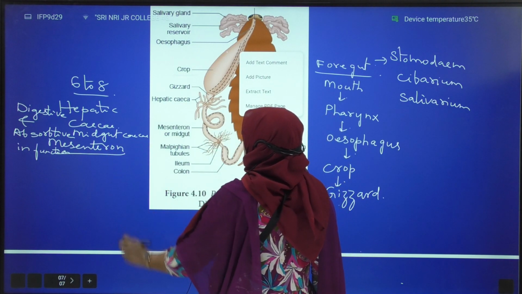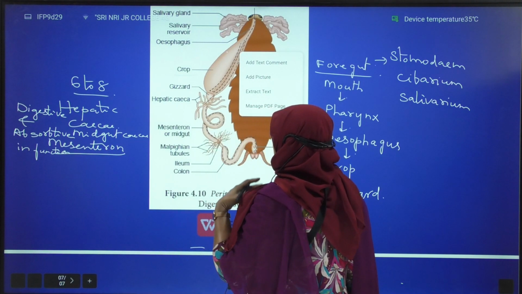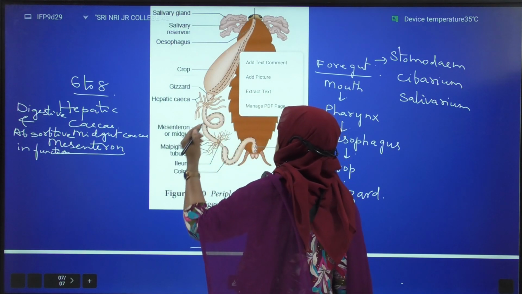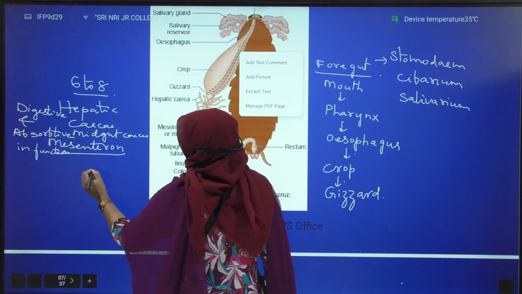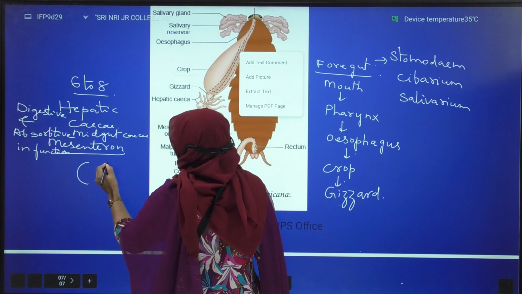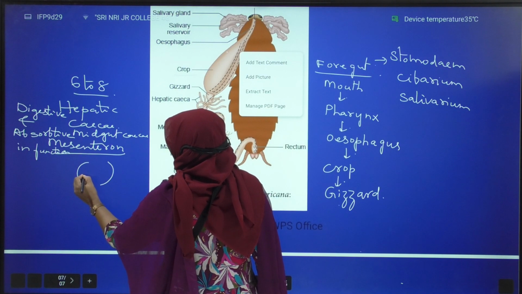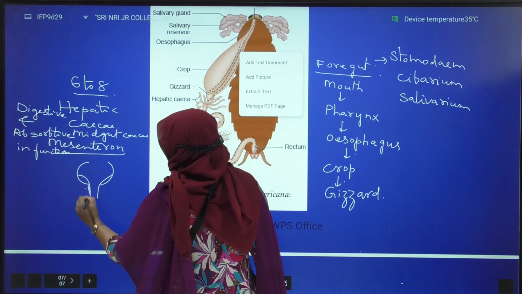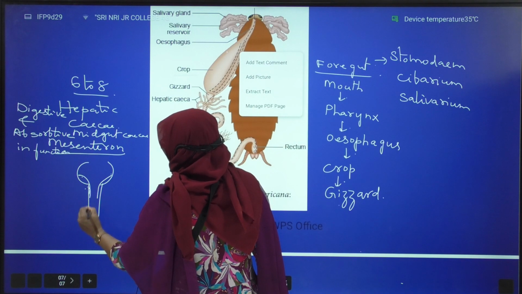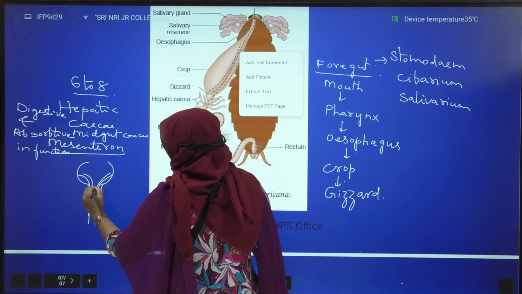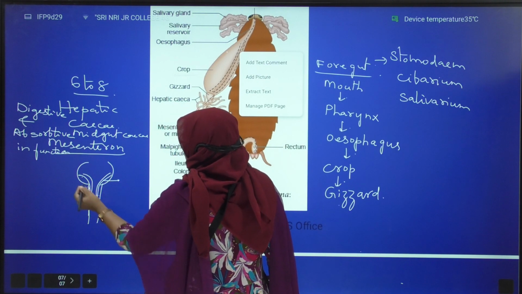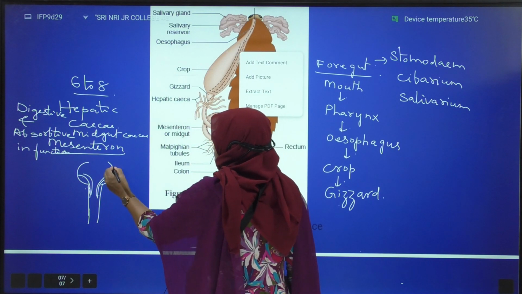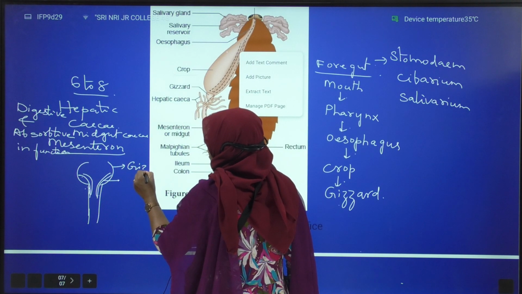Mesenteron is the second part of the alimentary canal. Next, gizzard also has a funnel-like projection, which leads into mesenteron. This funnel-like projection, formed from the walls of the gizzard, is called stomodeal valve.